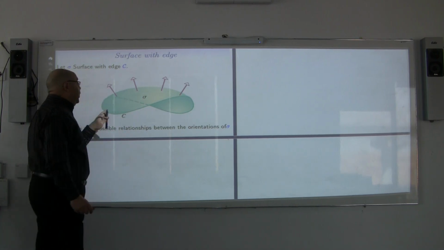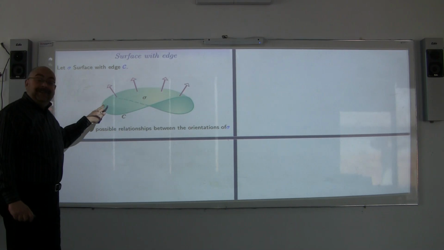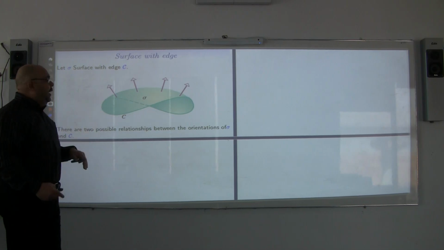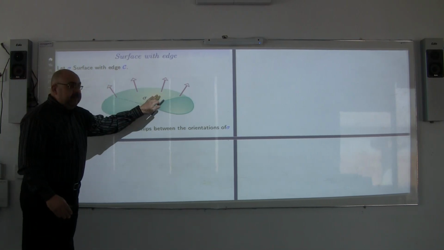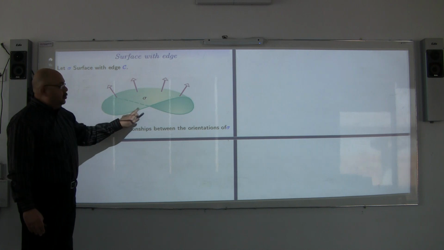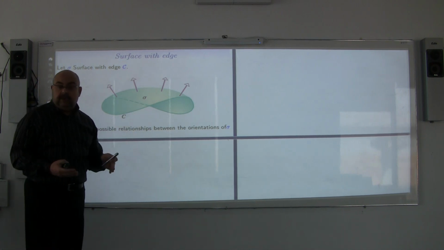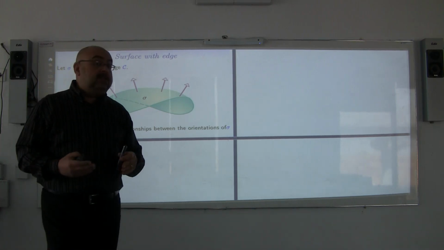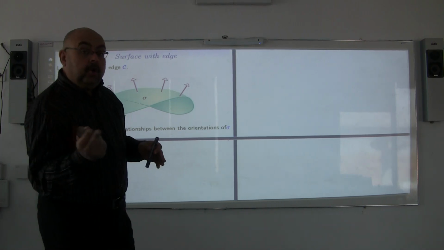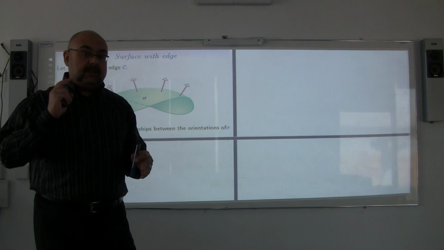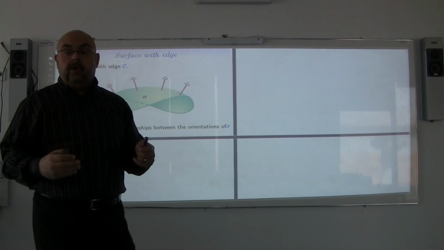Instead of dealing with an integration on the surface, I can do the integration on the boundary. Instead of going through the hassle of surface integration, I can simply do an integration on a closed path, a line integration for the boundary.